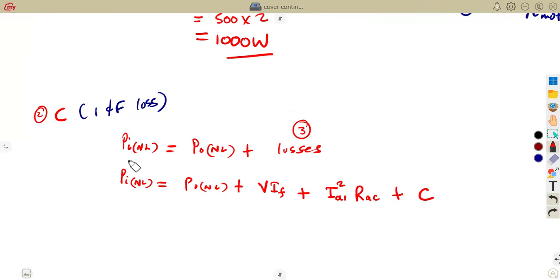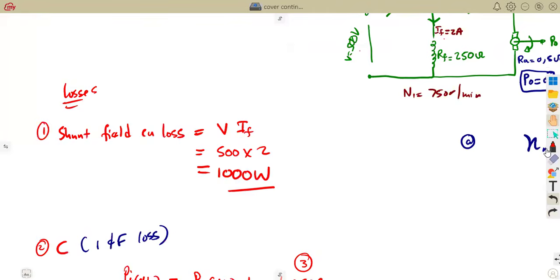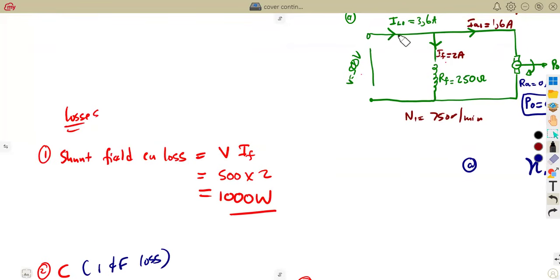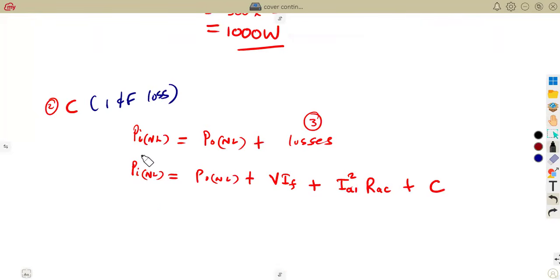We have the input at no load. All right. We never calculated this. So we can calculate the input at no load, guys, because we have this voltage and current. So I'm just going to substitute voltage times current. So this one is voltage times the current at no load. So that's load current, just going to use 1.